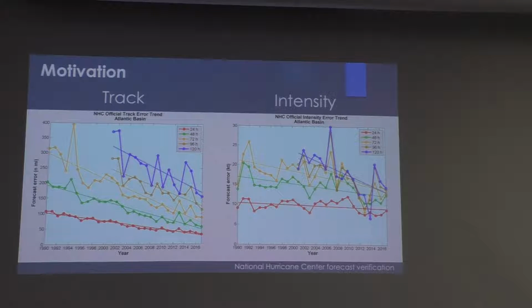And so there's a few reasons why intensity forecasts are lacking. One could say that the models simply aren't capable of resolving the tropical cyclones. The other option is more that the initial conditions, the errors and uncertainties in them, are propagating forward and degrading the forecast. And that will be what I'm focusing on today.